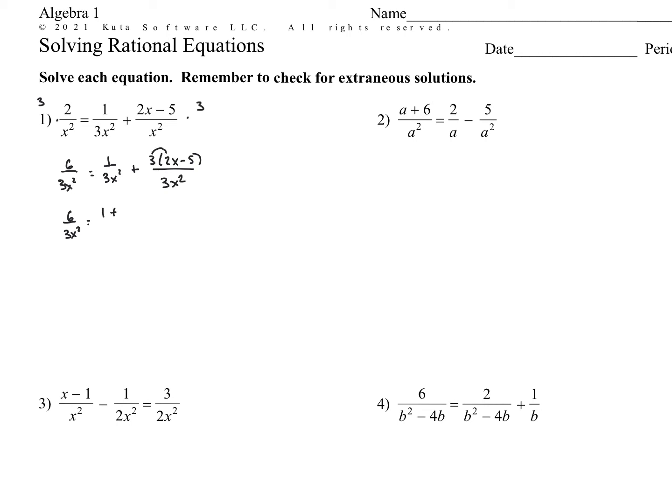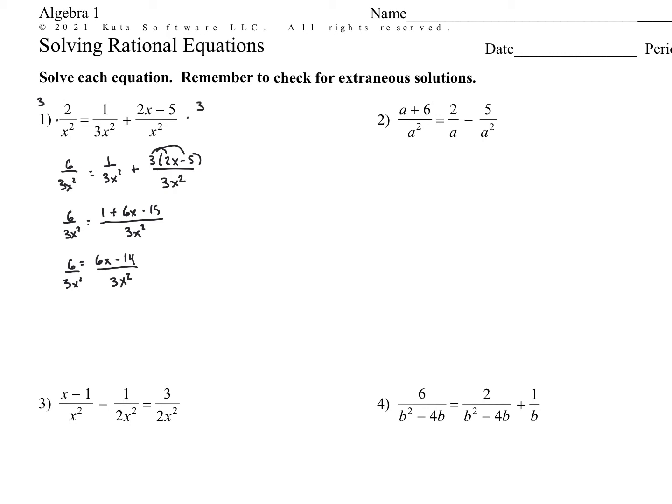I'm going to distribute, so that will be 6x minus 15 over there, all over 3x squared. I'm going to continue combining like terms in my numerator, and I have 6x minus 14 over 3x squared.